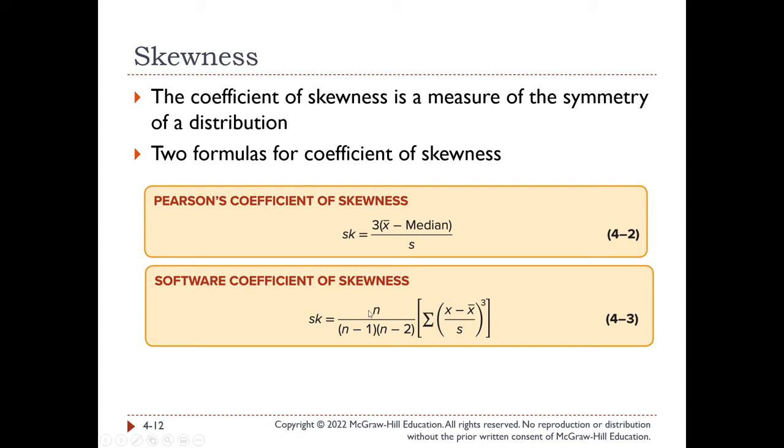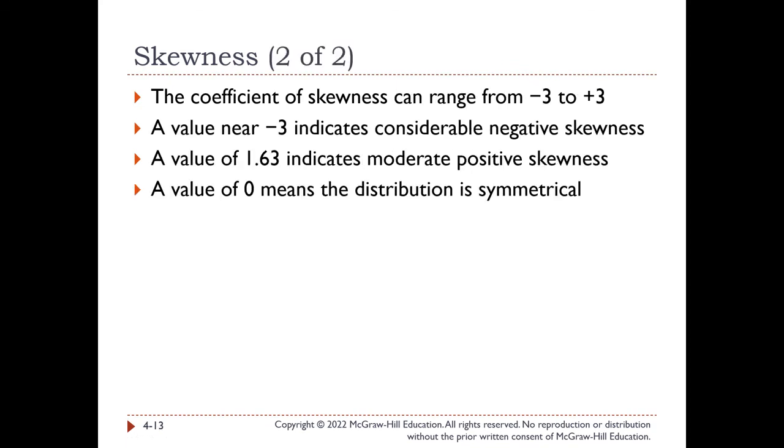So again, there's our data set number, n, over (n minus 1)(n minus 2), multiplied by the sum of our numbers minus the mean, divided by the standard deviation, cubed. Either way, want to see how this goes?